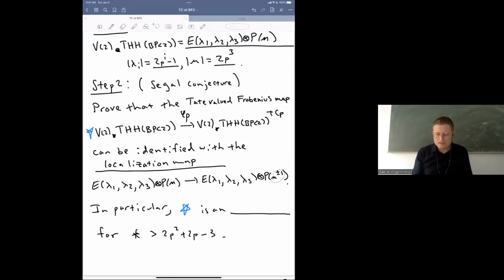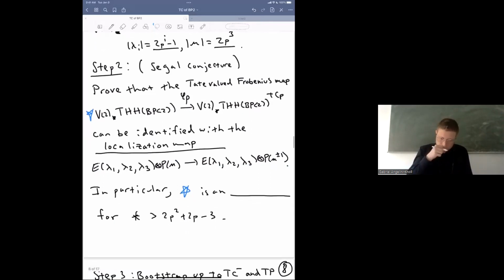Although this mu is secretly coming from the generator t in the spectral sequence, so I'm going to gloss over that for now. In particular, this map is an isomorphism in degrees star greater than 2p^2 plus 2p minus 3. So that gives us an explicit lower bound.